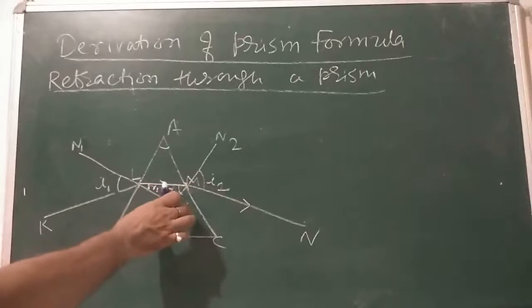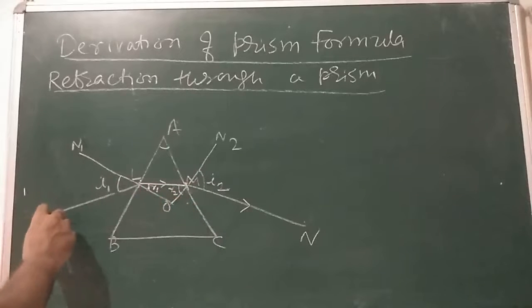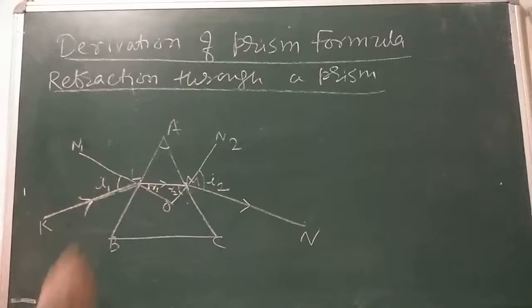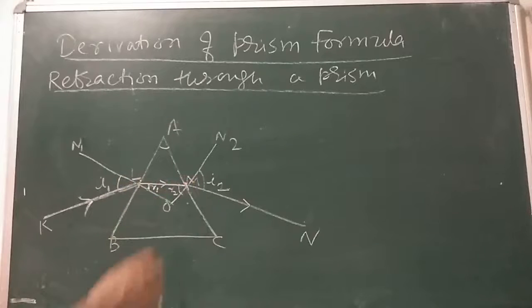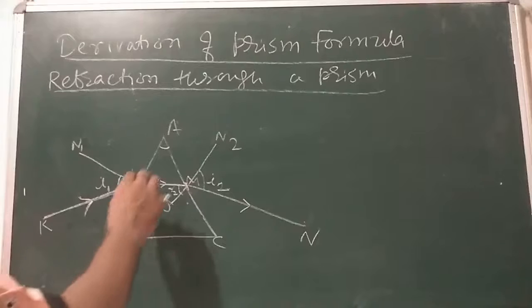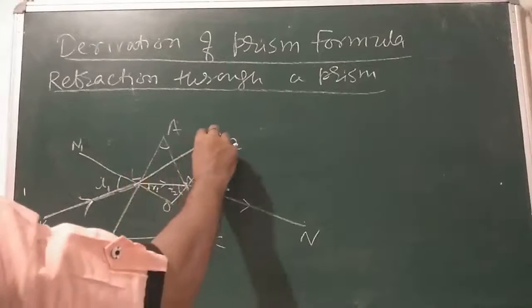In passing through the prism, the ray KL suffers two refractions at L and M and turns through an angle. Just proceed here like this.